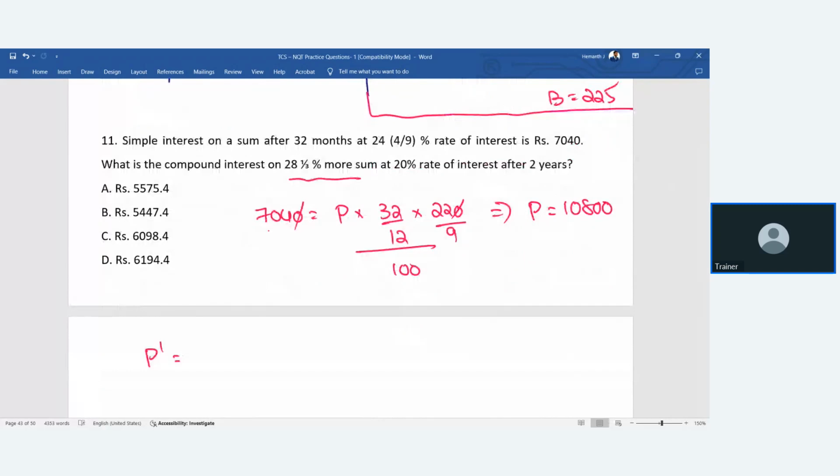28 1 by 3% you need to add. So 28 1 by 3% is nothing but 85 by 3%.